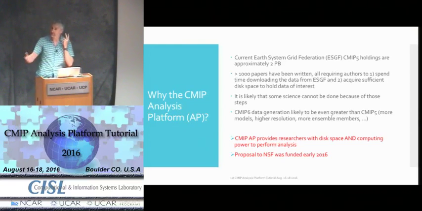Let's build something that will provide researchers with both the disk space and the computing power to perform analysis. We have about 500 terabytes of disk available. It's not 2 petabytes, so we cannot put all of CMIP5 there, but a quarter is pretty good.